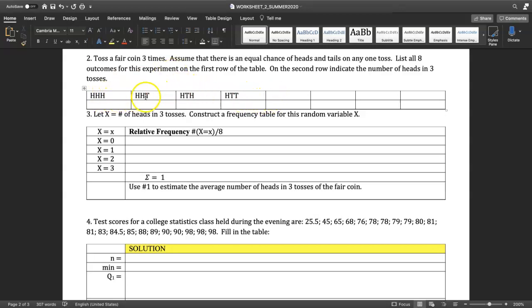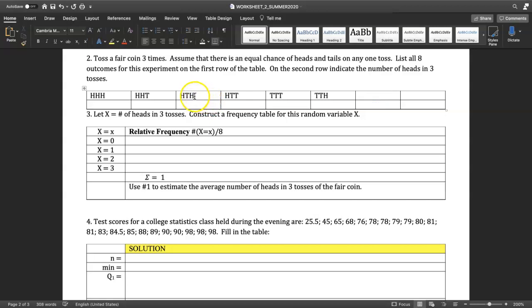Okay, now I'm going to look at each of these 4 outcomes, and I'm going to simply invert heads to tails and tails to heads, and I'll get the other 4 outcomes. So here I'll go ahead and write tails, tails, tails. And then I'll take a look at the second box and write here tails, tails, heads.